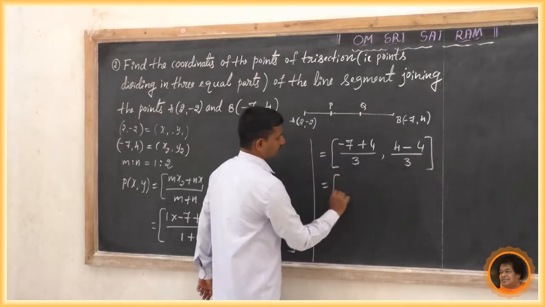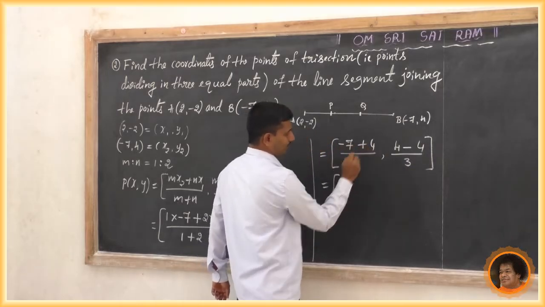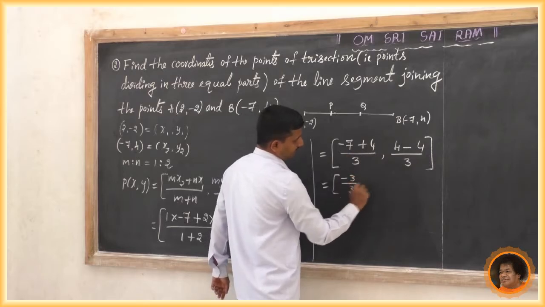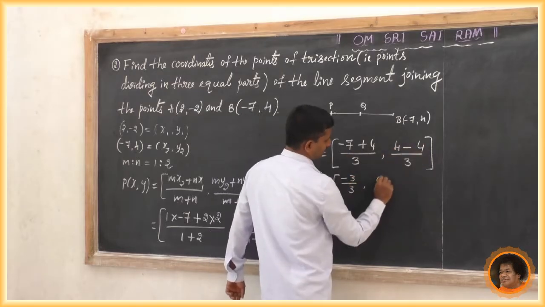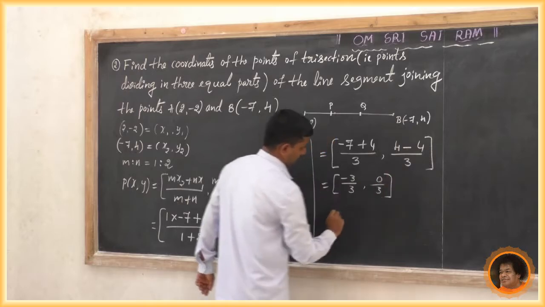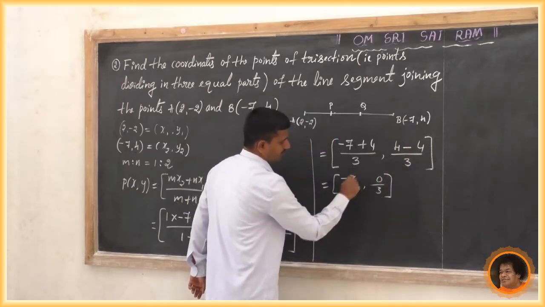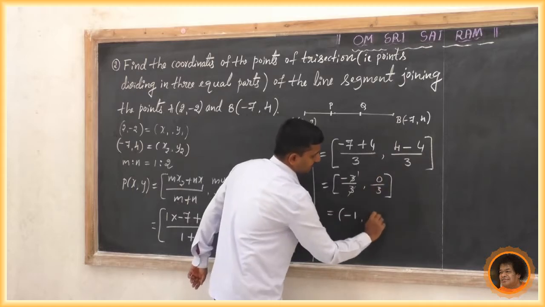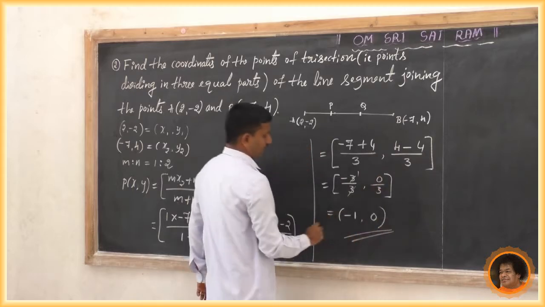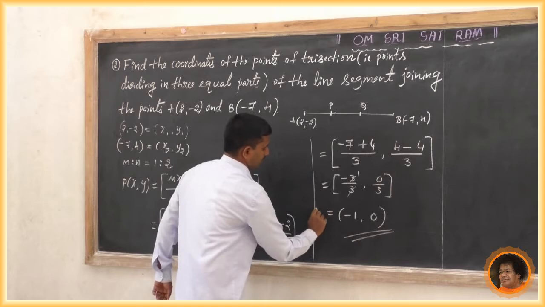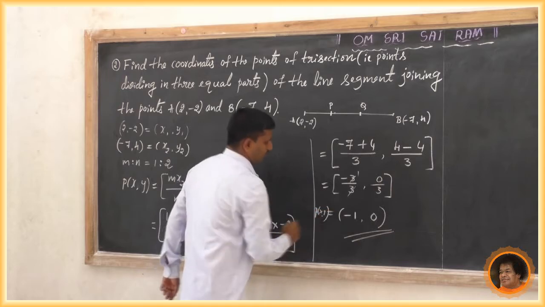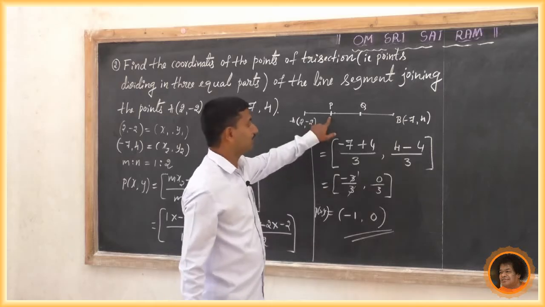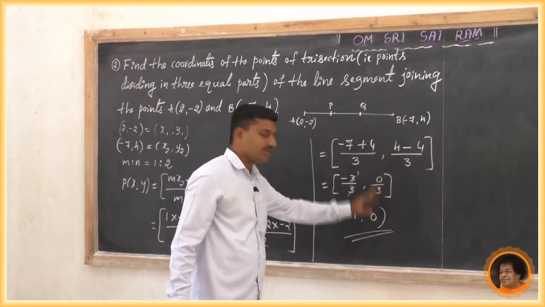So this equals (-7 + 4)/3, that is -3/3, and (4 - 4)/3, that is 0/3. So -3 divided by 3 is -1, and 0 by 3 is 0. So this is the coordinates of the point P(x, y). The coordinates of the point P are (-1, 0).